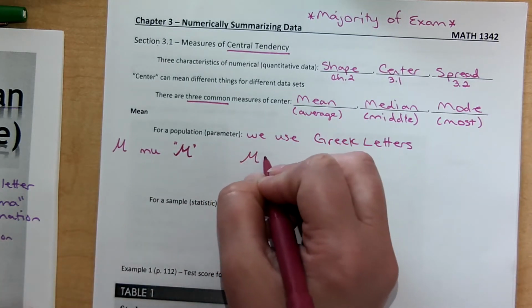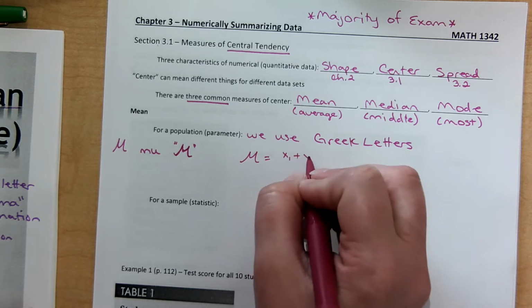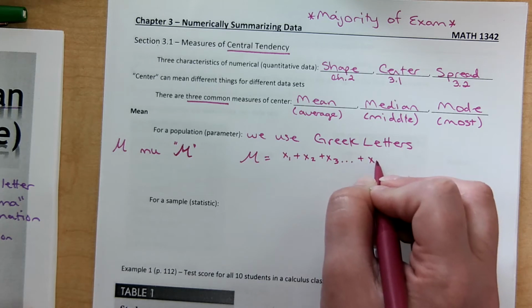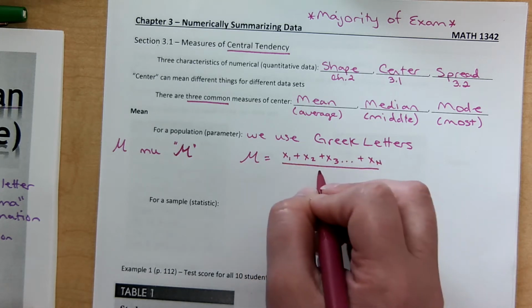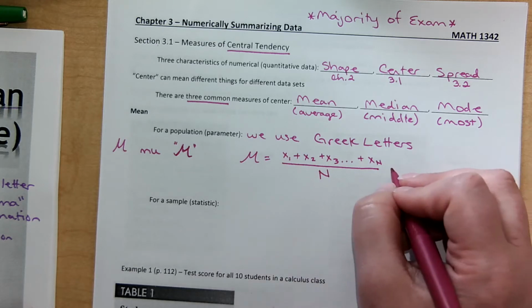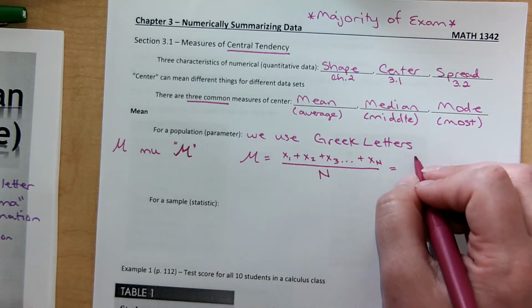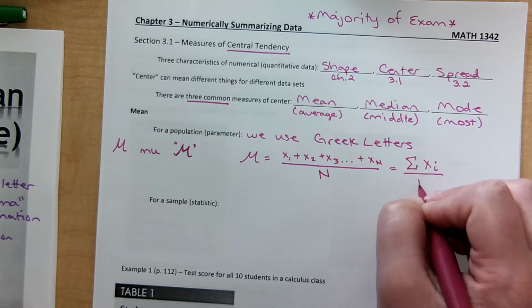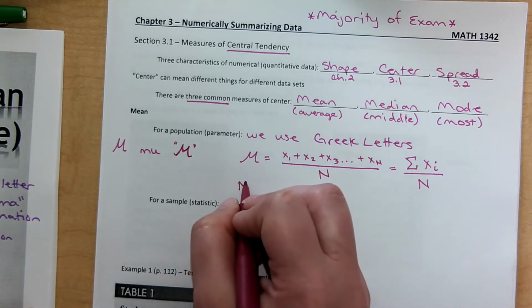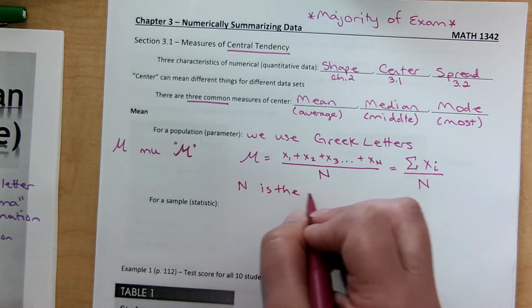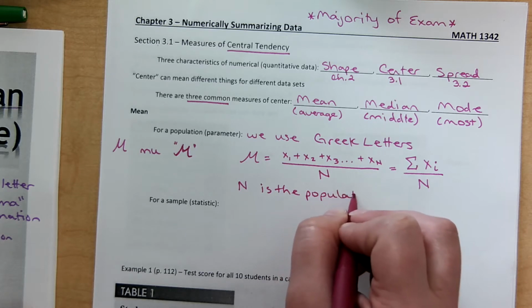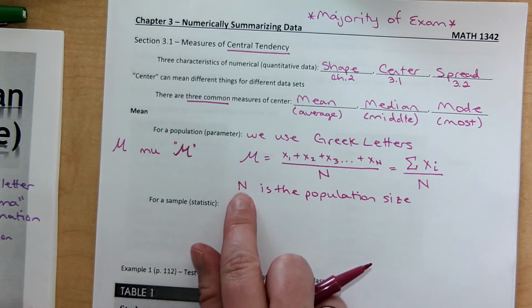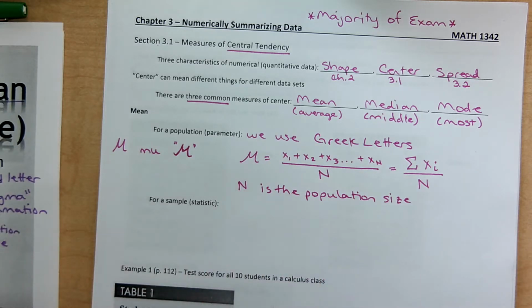And the mu are all the data values, x1, x2, x3, however many data values you have. You add them all together, and you divide by capital letter N. And so this is written the sum of all the individual x values divided by N. And N is the population size. So we said lowercase n is the sample size, capital N is the population size.